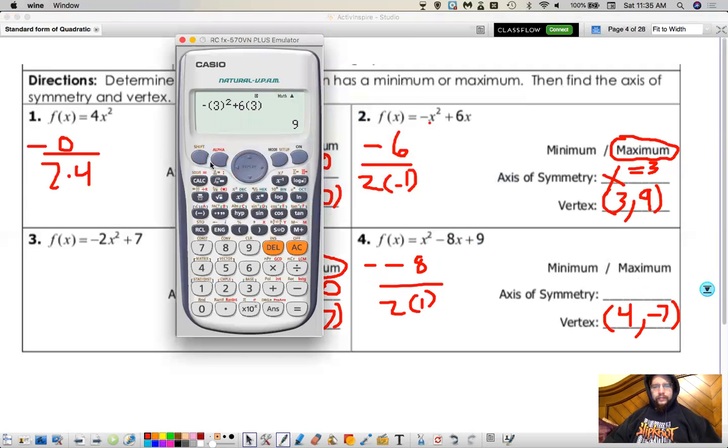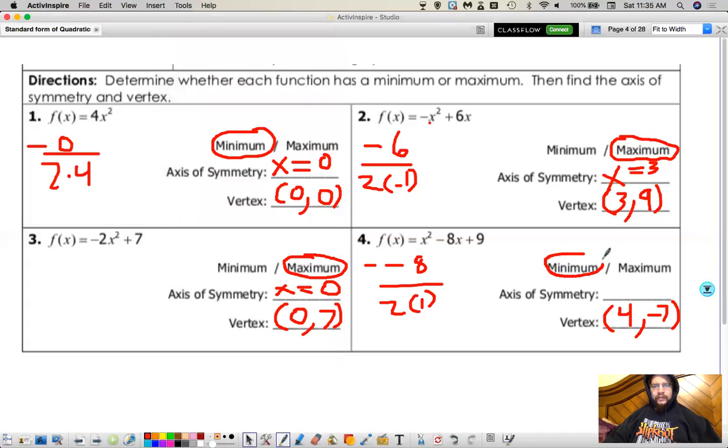Double check that. Plug in 4 minus 8 times 4 plus 9 is negative 7. Positive, so we have a minimum value there. Axis of symmetry, x equals 4. There we go.